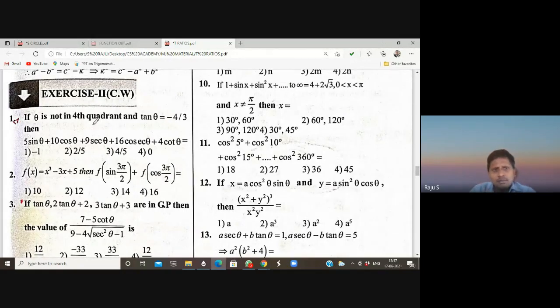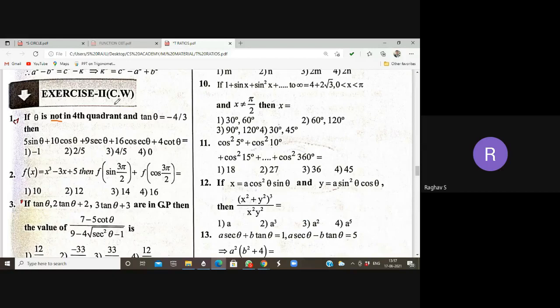See here, theta is not in the fourth quadrant, and tan theta is equal to -4/3. All of you tell me the answer. Logically, theta is not in the fourth quadrant, but tan is negative, so second quadrant. Exactly.